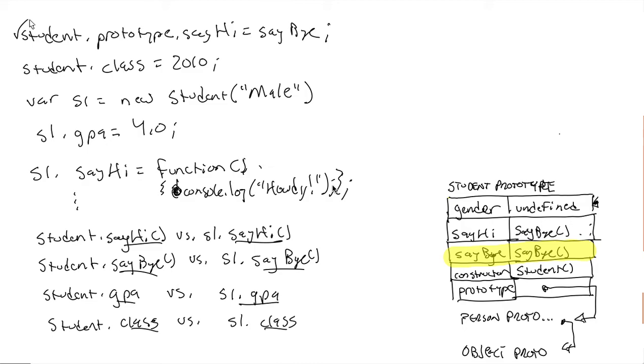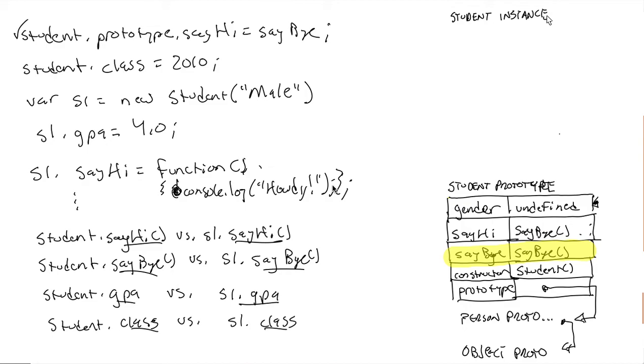Student.class equals 2010. When you say student.class equals 2010, that is not part of the student prototype, right? It doesn't exist. The student prototype already exists. So when you say student.class, you actually do the following. You create a new instance called a student instance with the name student.